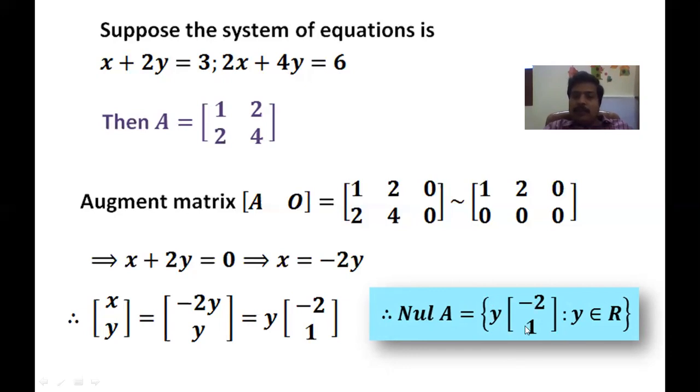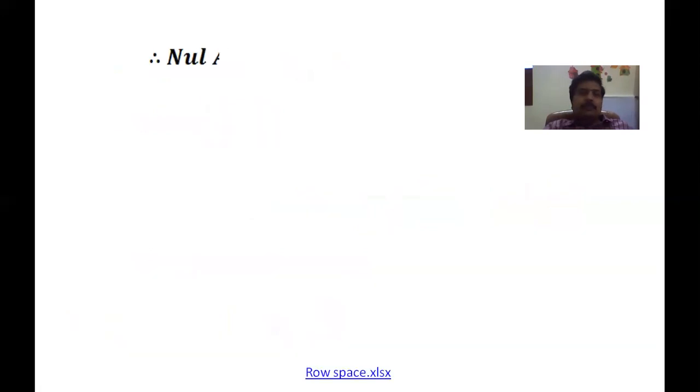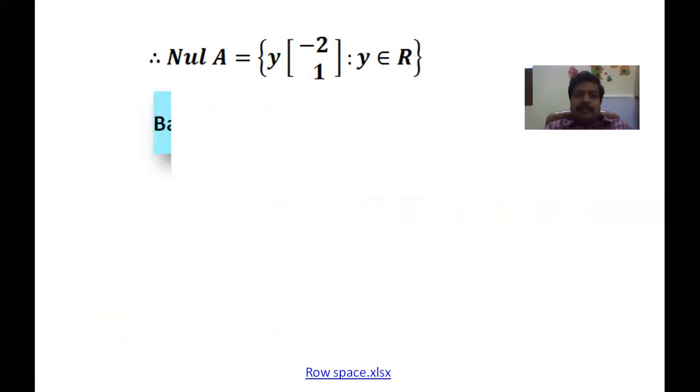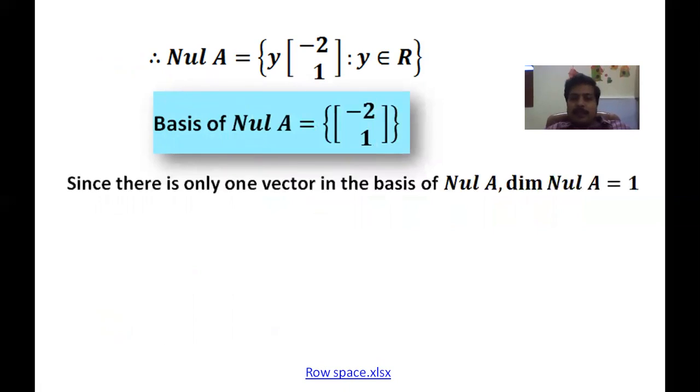There is only one vector which is non-zero. So now I can say that the dimension of null A is 1. So this is our null A in this case, and the basis of null A is that only vector. Since there is only one vector in the basis of null A, the dimension is 1.